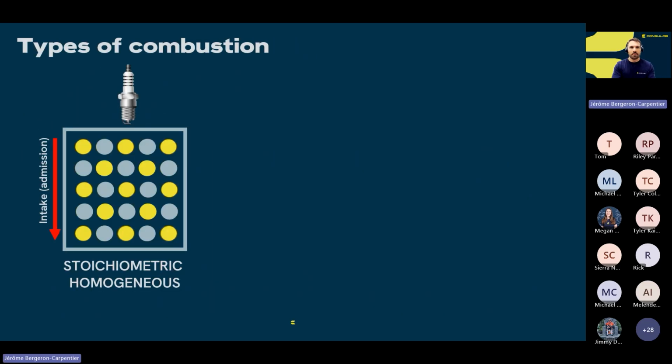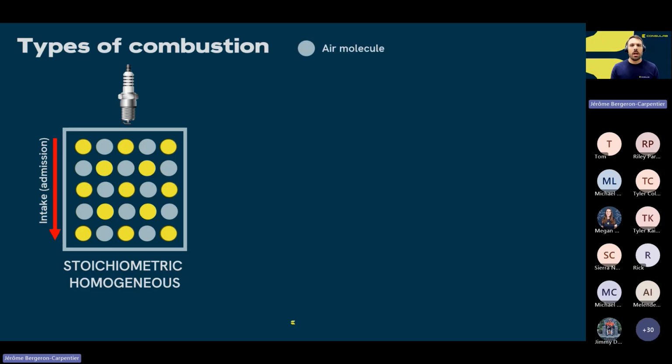So we have different types of combustion. Basically, we have the most basic one, the stoichiometric homogeneous. As we can see, we have that type of injection when our engine is in the intake, or the admission.